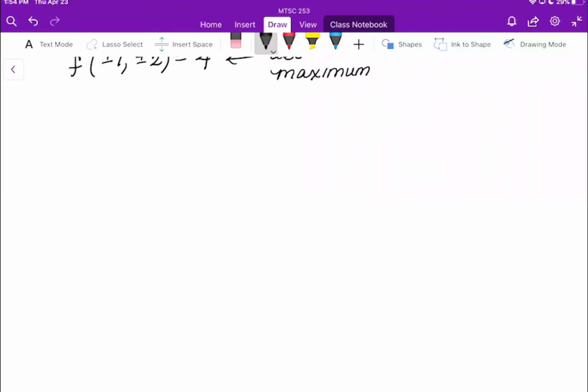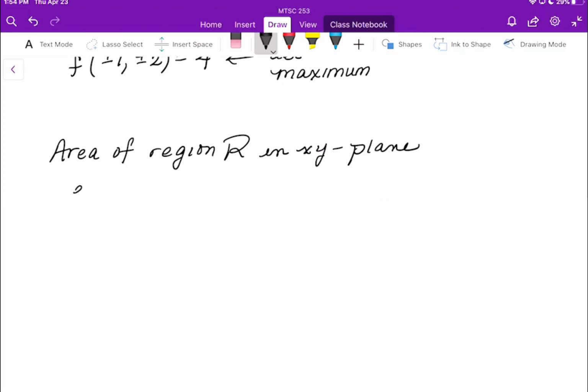Find the area of the region R in the XY plane enclosed by the circle x squared plus y squared equals 4. Oh, it says plus 4, but it can't be.